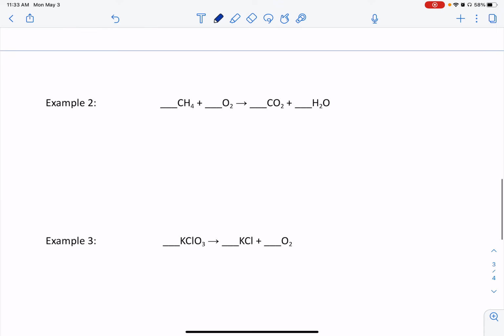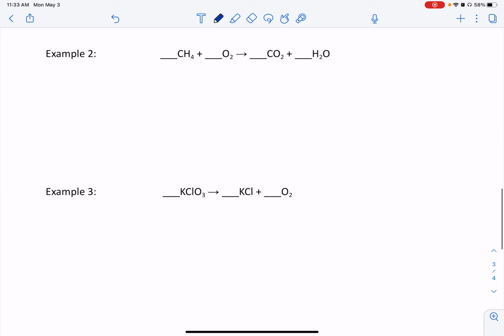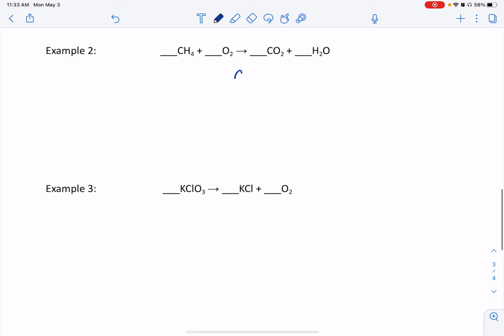Let's make it a little more complicated with our second example here, where we have CH4 plus O2 yields CO2 plus H2O. Let's start with our list. So we have carbons, we have hydrogens, and we have oxygens. Now let's count how many we have. We have 1 carbon on the right, 1 carbon on the left, 4 hydrogen on the left.